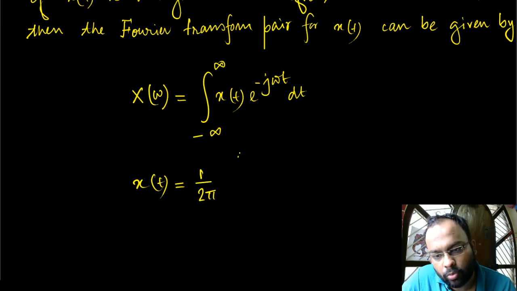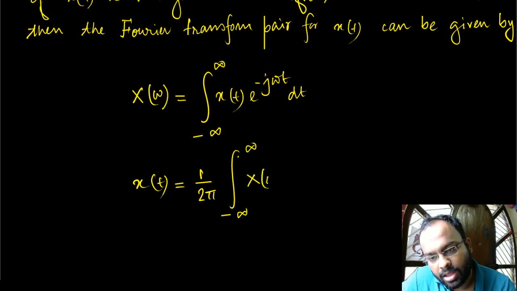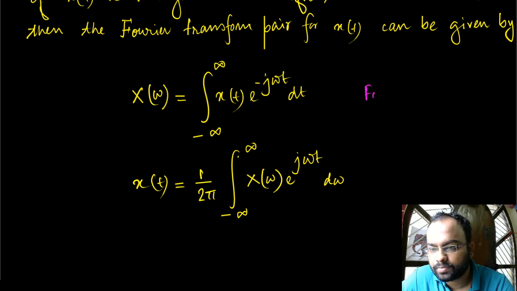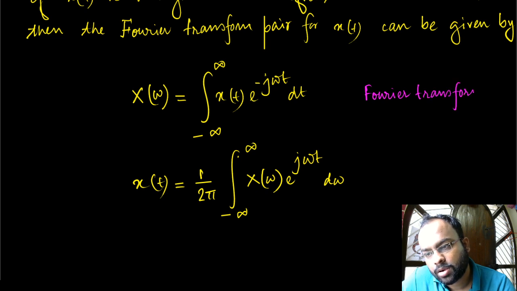This is 1 by 2 pi integration from minus infinity to infinity X(omega) e to the power j omega t d omega. So this is the Fourier transform, and this is the inverse Fourier transform.